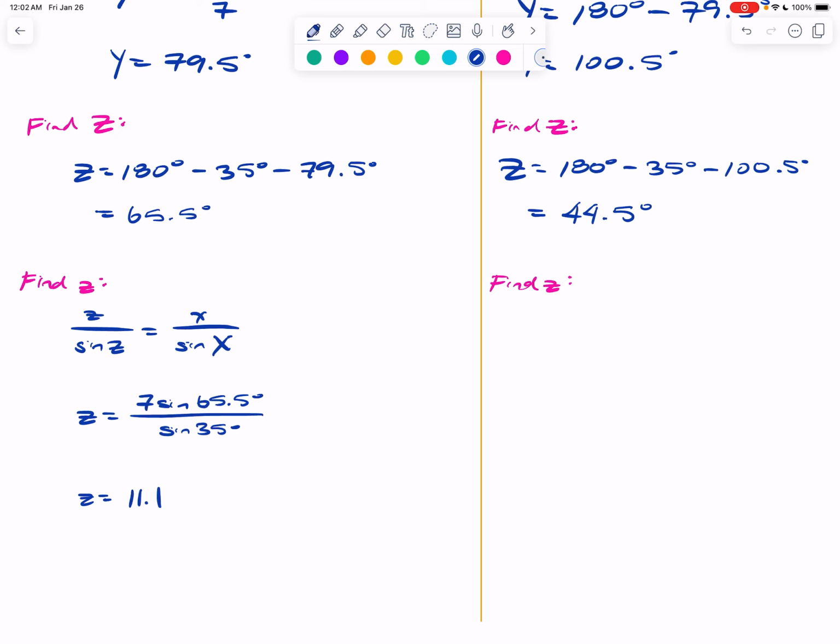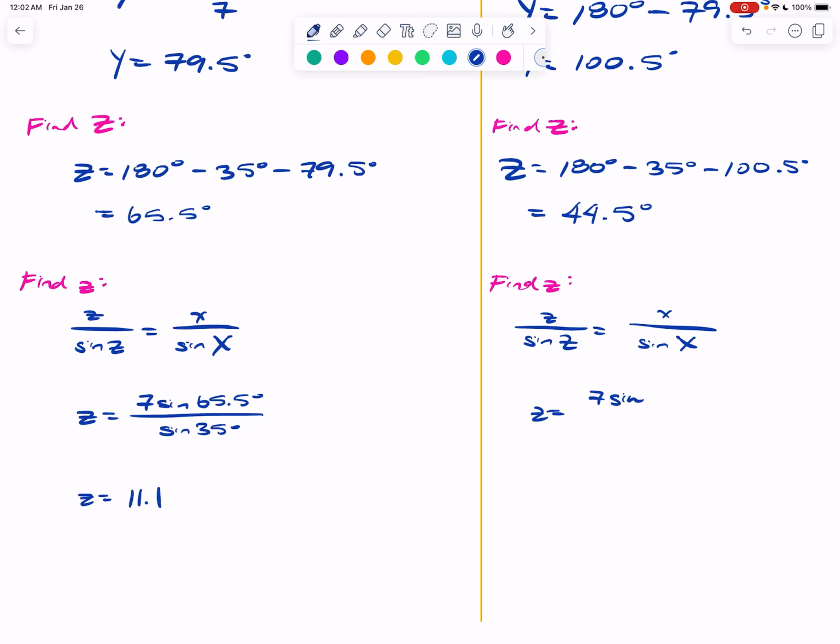And that same method is used to find z in the other triangle as well. So, z is 7 sine... Did I screw something up here? No, I didn't. Right, sine z is moving over here.